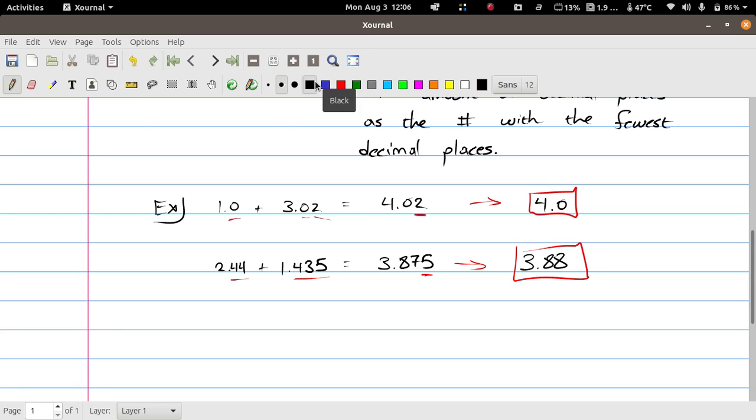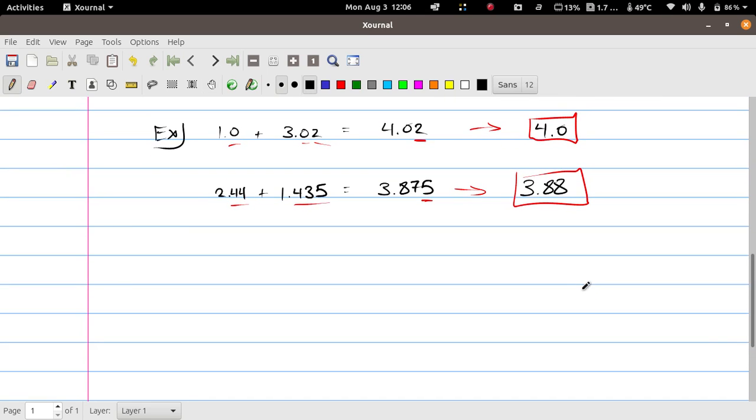Alright, so addition, subtraction, super easy. It's all based on the number with the least amount of decimal places. Now, multiplication, division. This one's a little trickier. It's not too difficult though. Let's write this down first.